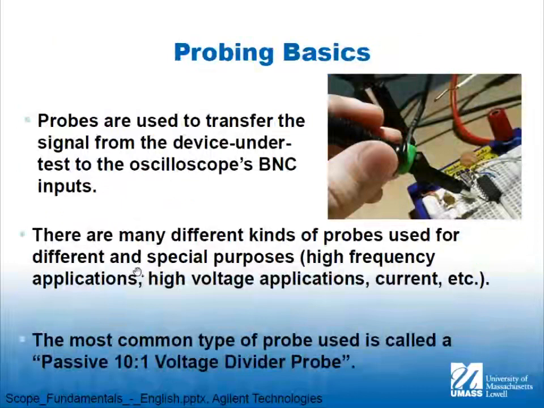Okay, so it starts with probing, and this is where it gets important. And I know it's single probing, but a probe is a device that I can use to make a connection to a signal of interest. So the thing that I'm going to display on the scope, I'm going to connect a probe to. And you can see in that picture, the probe is connecting to a pin of an IC, and it's a gigantic pin.